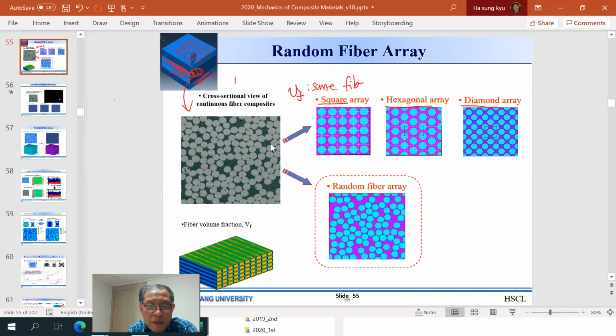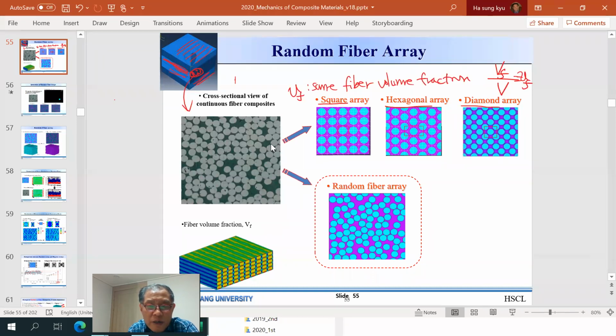Same fiber volume fractions mean the volume of the fiber versus the total volume. That is the small VF.